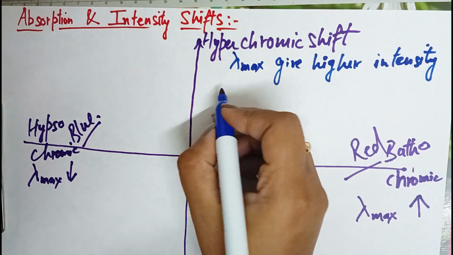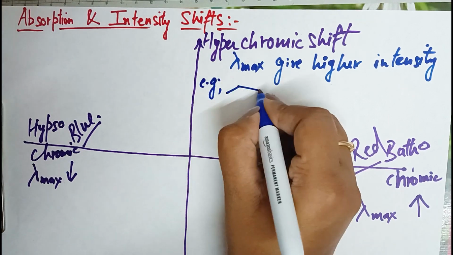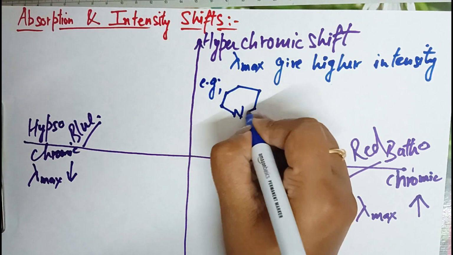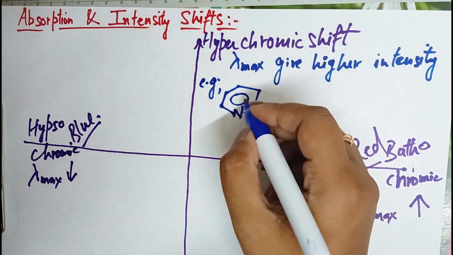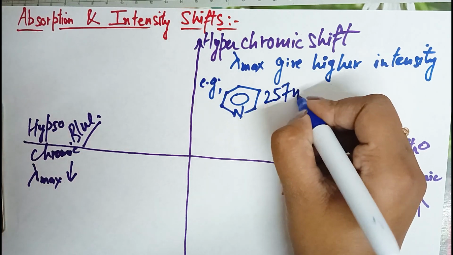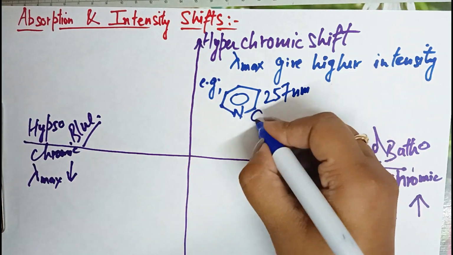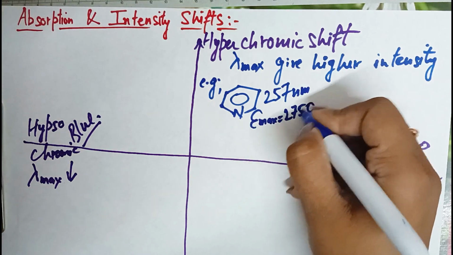For example, if we have suppose pyridine, which looks like this, the lambda max for pyridine will be 257 nanometer and the epsilon max value will be 2750.